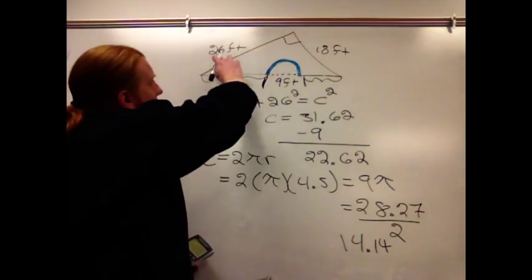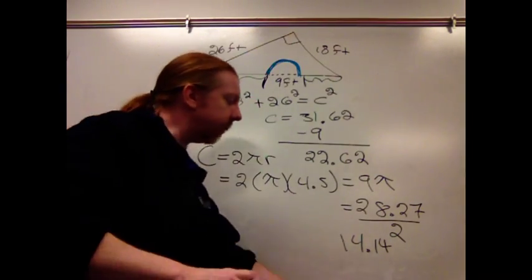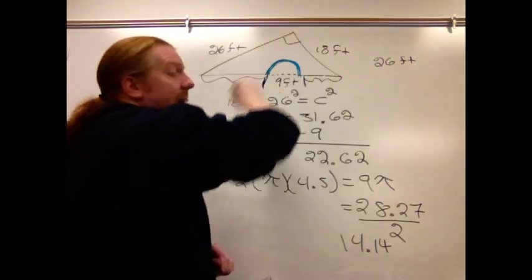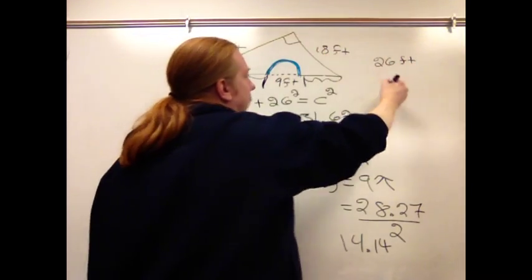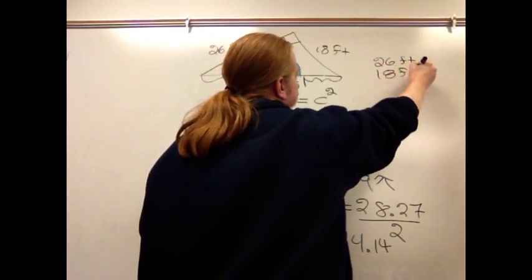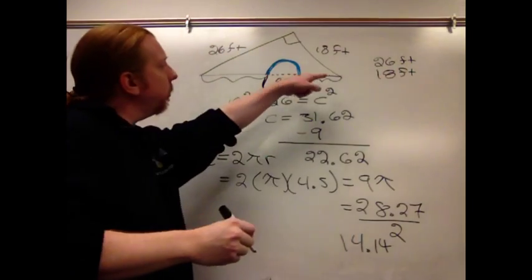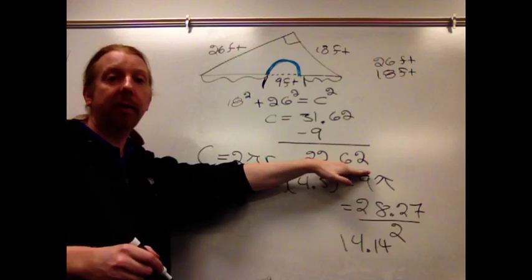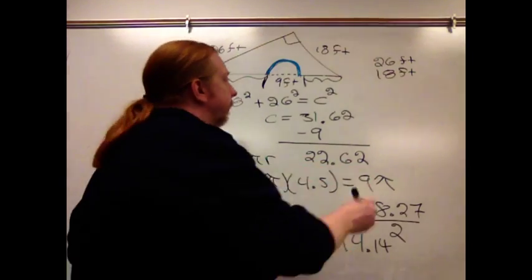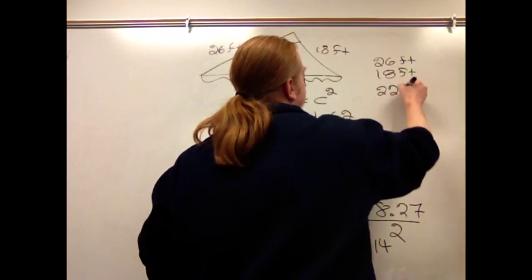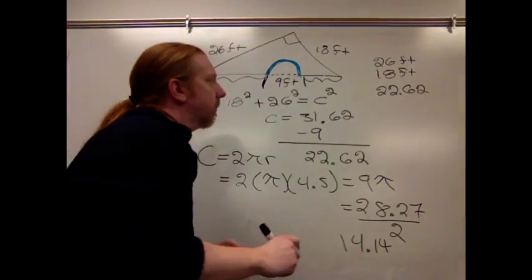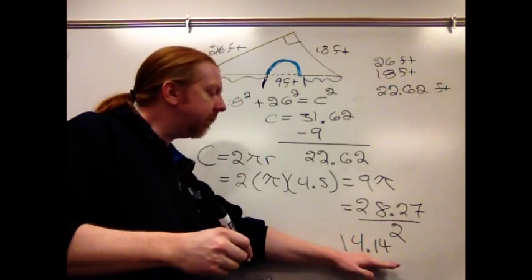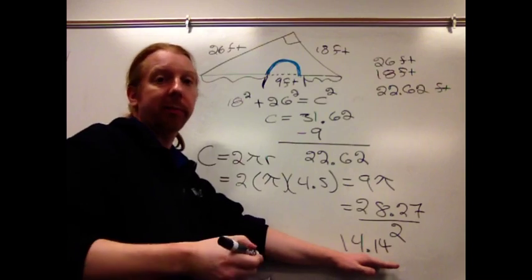So I've got that piece along there. That's going to be 26 units, 26 feet. So that's that part. 18 comes down that side. Going across the bottom and not including the cutout, I've got my 22.62. That's in terms of feet. And then lastly, the part that's been cut out is 14.14.